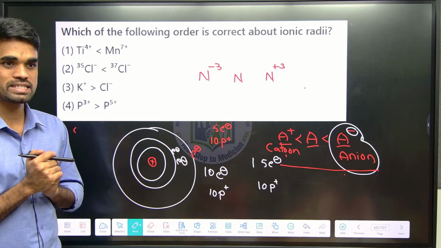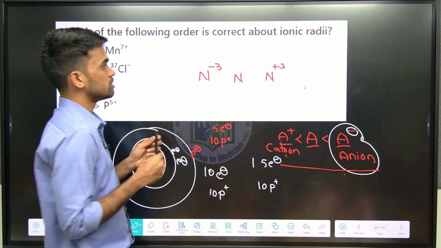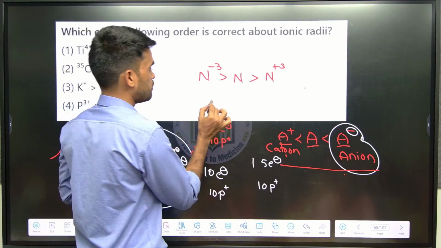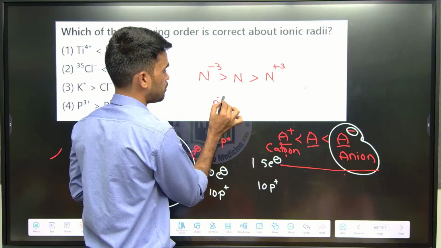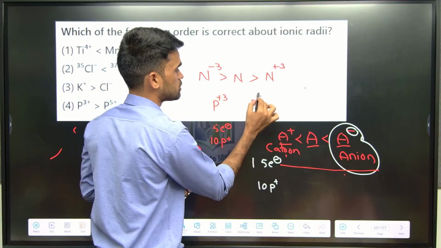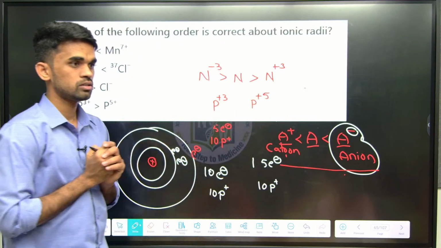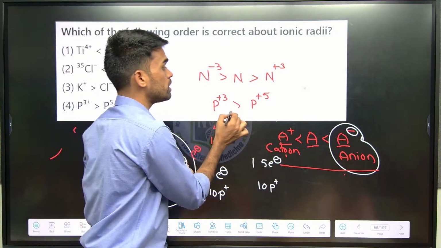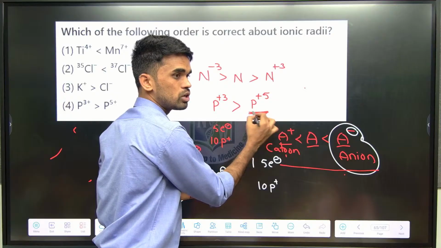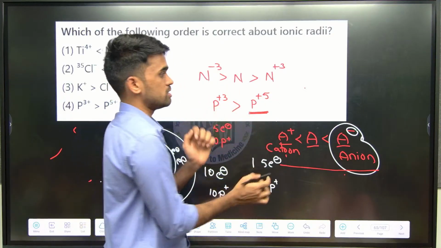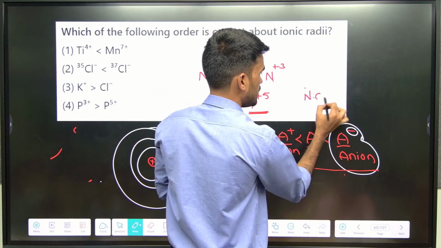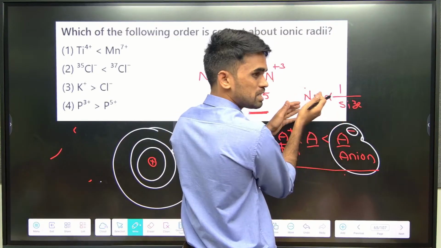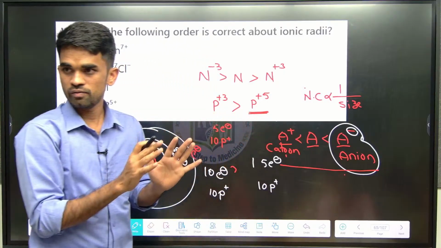Who is more, who is less? N minus 3 is more. Now I am writing P plus 3, P plus 5. Size order, who is more? More is the nuclear charge, smaller is the size. So nuclear charge is inversely proportional to size. Will you remember this?